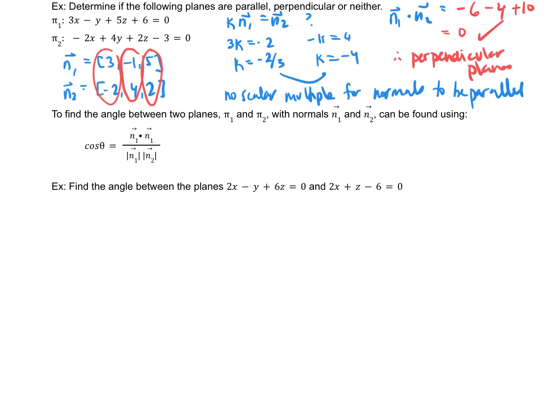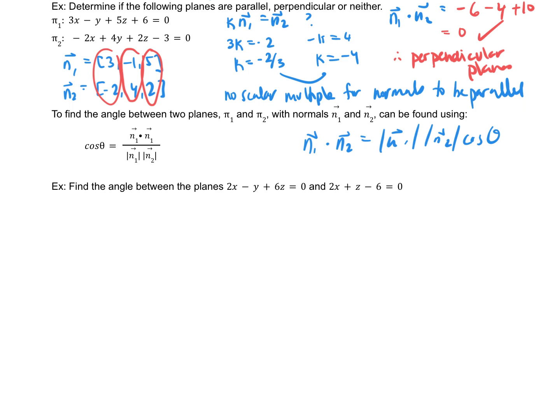Final thing, finding the angle between two planes. So bouncing off of this dot product, we know that the dot product between two vectors, let's just say the normals, because those are the vectors we have, would be their magnitudes times cos of their angle.